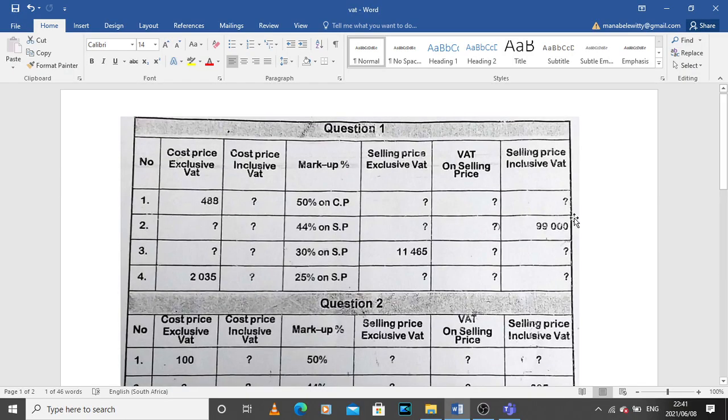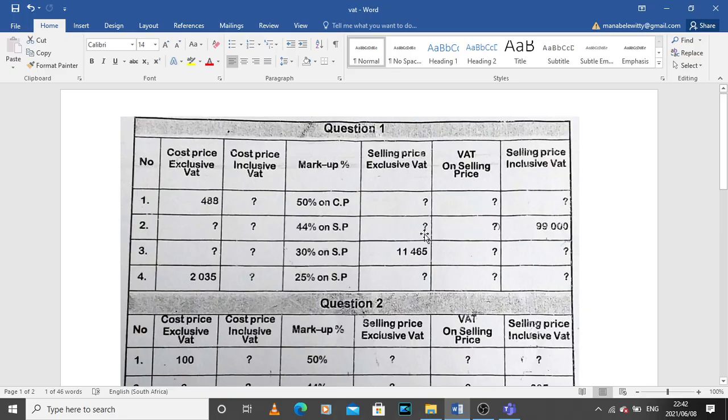Okay, let's check number 2. Number 2, we are given a selling price exclusive of VAT. If you can work with figures on line number 1, you can even work on figures on line number 2 going downward. If you're given this one, the 99,000, this is a selling price with VAT. There's a VAT amount inside this amount, and there's the original amount without VAT.